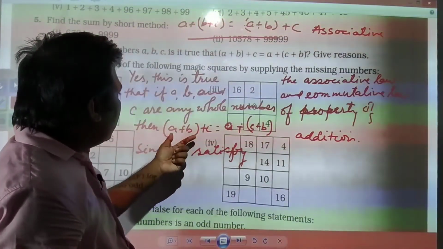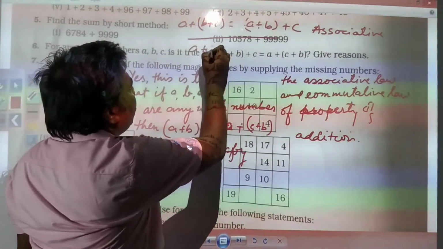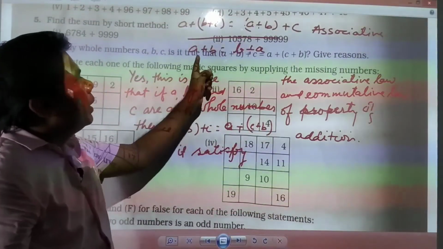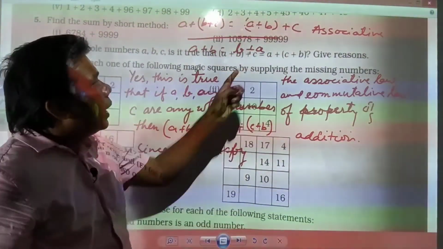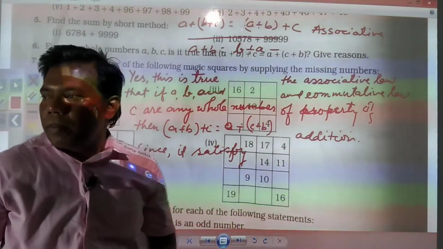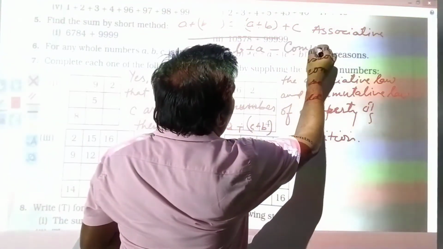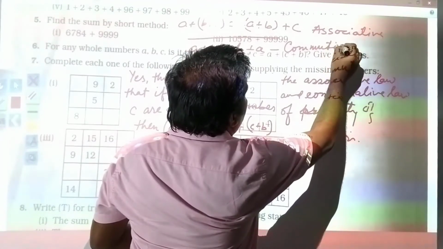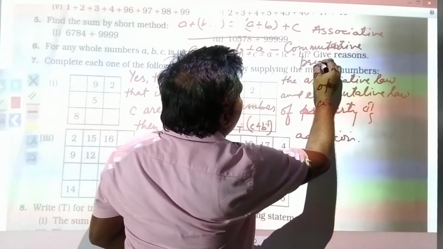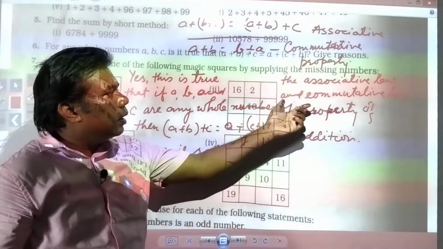Here you see B plus C can be written as C plus B, or A plus B can be written as B plus A. So that is the commutative property of addition of whole numbers. So both the properties you have over here, associative law and commutative law.